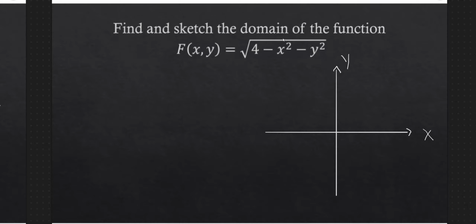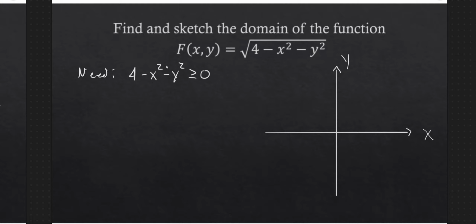And so for this one, we need 4 minus x squared minus y squared to be greater than or equal to 0. You might remember doing things like this from Calc 1. Right, we need this to be greater than or equal to 0. The difference here is now we have two variables to play with. So I can solve this now for my two variables.